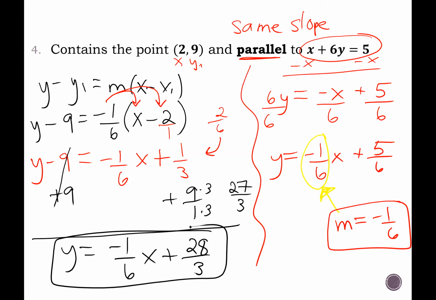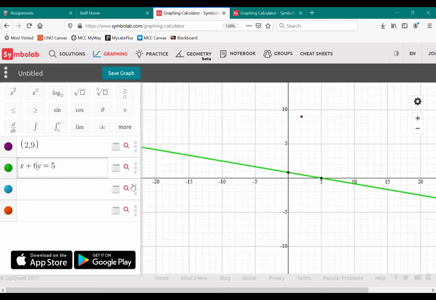Let's go check it in our graphing calculator and see if it actually does what we expected. Okay, so we're back to the graphing calculator. I'm looking for a line that passes through 2, 9 and is parallel to this green line, x plus 6y equals 5.